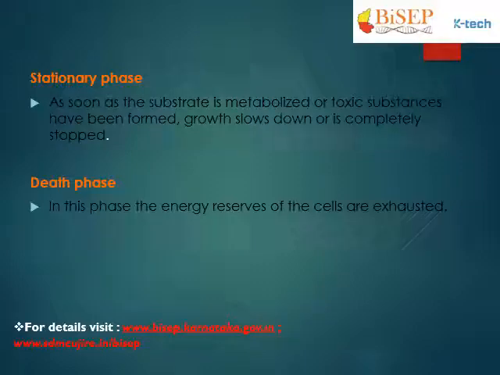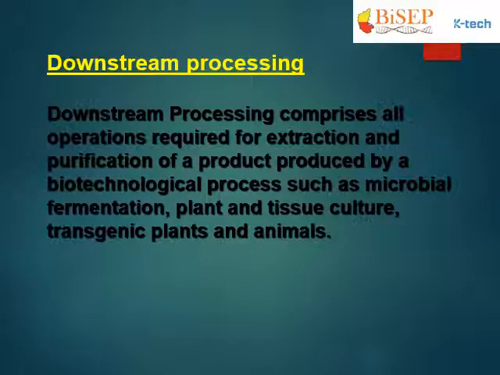As soon as the substrate is metabolized or toxic substances accumulate in the fermenter, the growth of the microorganism in the media slows down or comes to a halt. That is the stationary phase. And in the death phase, all the media components and the energy reserves of the cells are exhausted and it goes into the death phase. So this all comprises the upstream part.